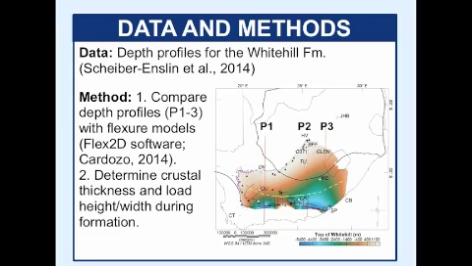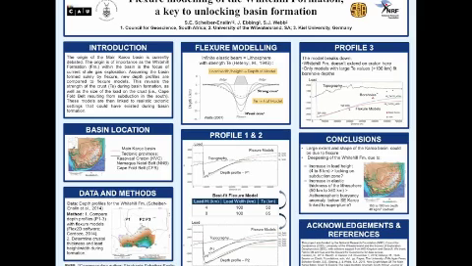We're going to take these three profiles that are marked, the red lines P1, 2, and 3, look at the depth profiles along them and compare them to several flexure models using Flex 2D software, and then use these to determine the strength of the crust at formation and the load height and width. So, this Cape Fold Belt in the south, how big was it that actually led to the bending of the crust? We're going to be looking at these two parameters.